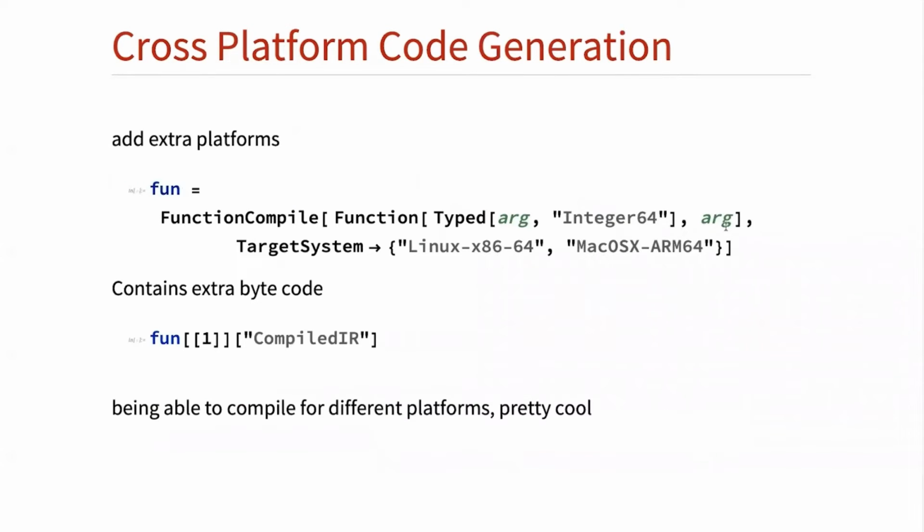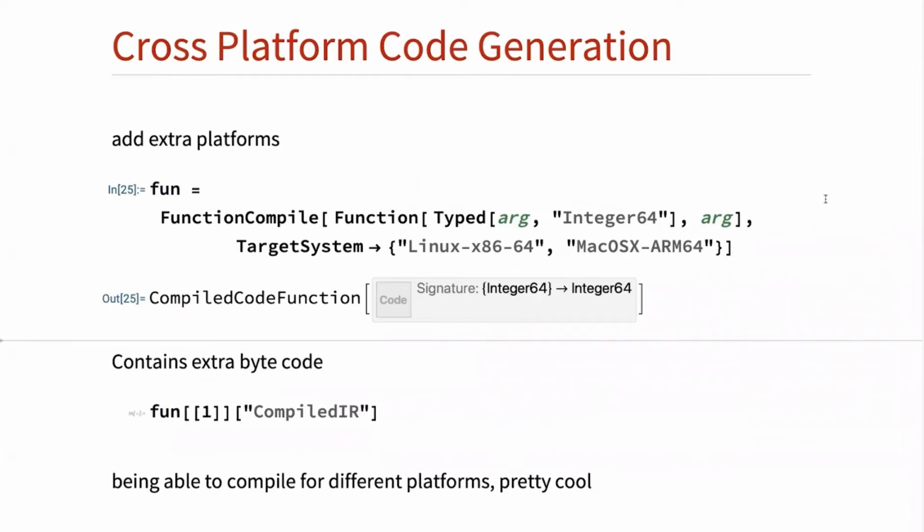Now, another interesting, unique feature of the compiler is that it's generating machine code, but it can generate machine code for several platforms. So here, it's generating the optimized code for my Mac, but I've also generated code for 64-bit Linux, Intel Linux, and a 64-bit ARM Mac.